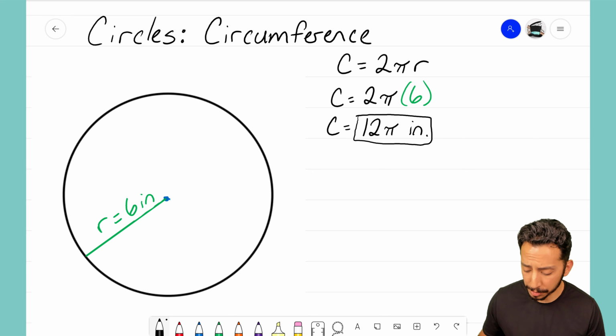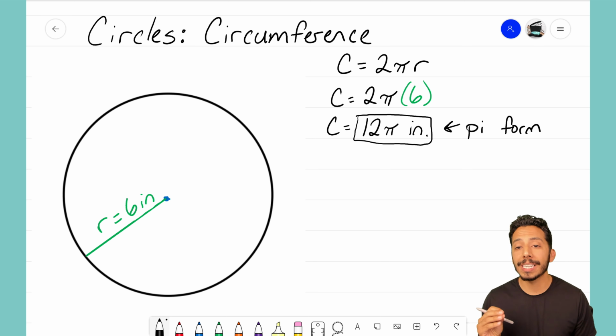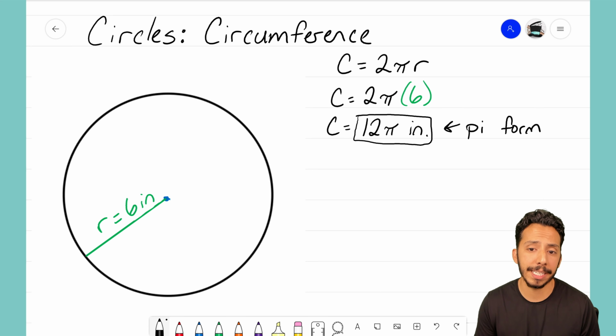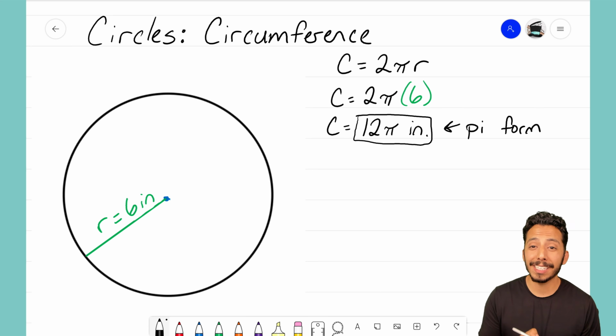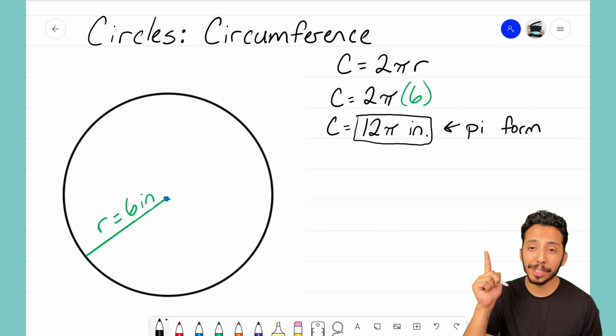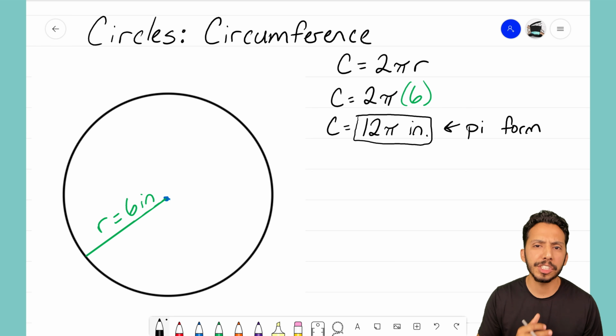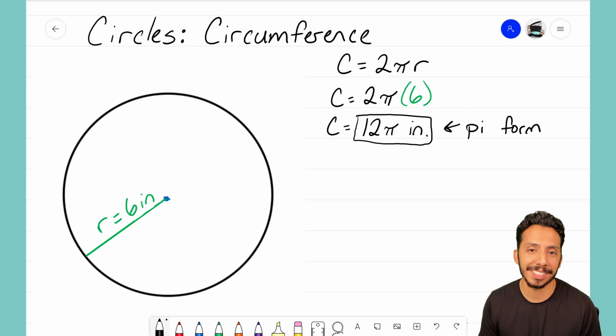Instead, when you come across problems like this, it's okay to leave it just like that, which we refer to as pi form. Pi form means you want to leave the pi value there. You don't actually have to multiply it into 12. As you move on into higher level math classes, past geometry, you're usually just going to leave it in pi form. We don't want to deal with all those decimal places. Instead, let's just leave it as 12 pi inches.